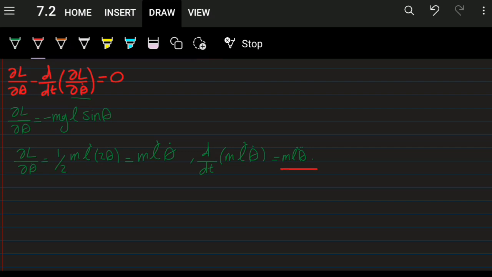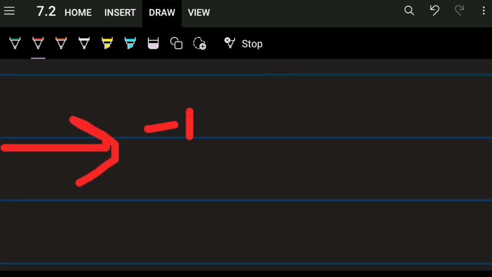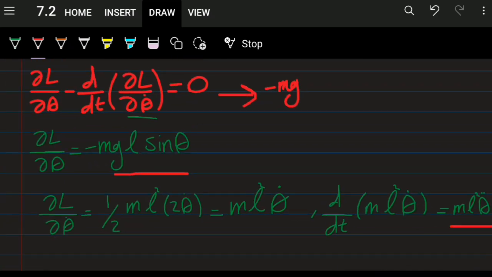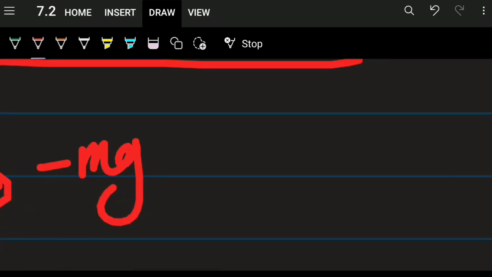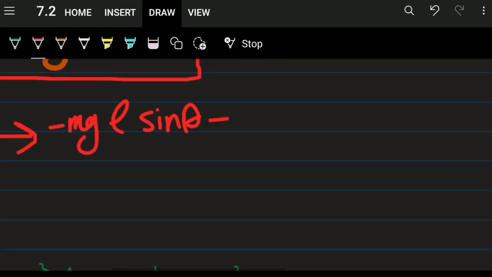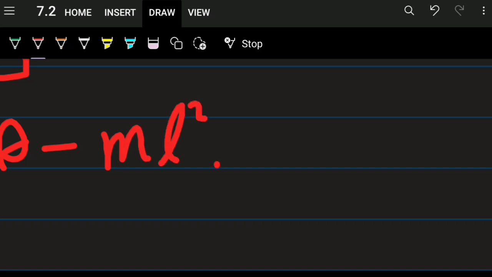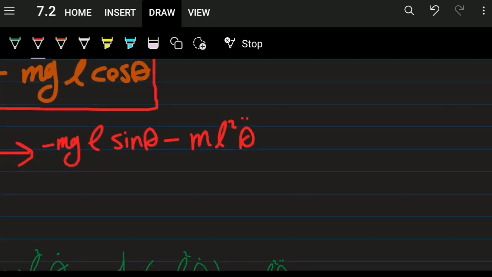Finally, substitute into Lagrange equation. And here we got the equation of motion for the simple pendulum, using Lagrange equations of motion.